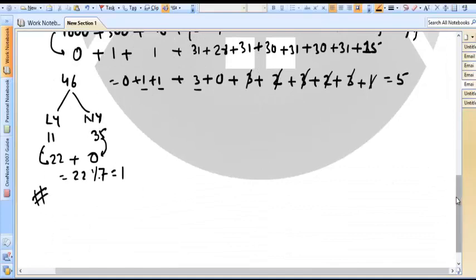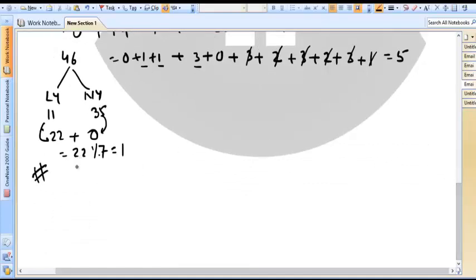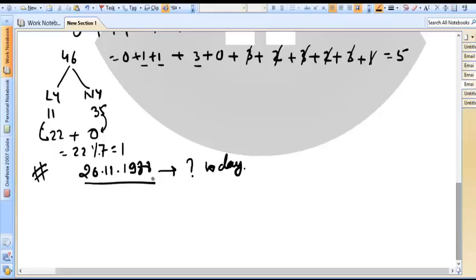Okay. One last question. I think on the previous page I had written my own birthday, like 26th November 1988. Let us find out what day it was. All right.